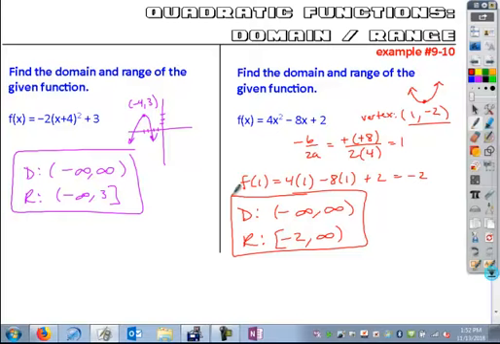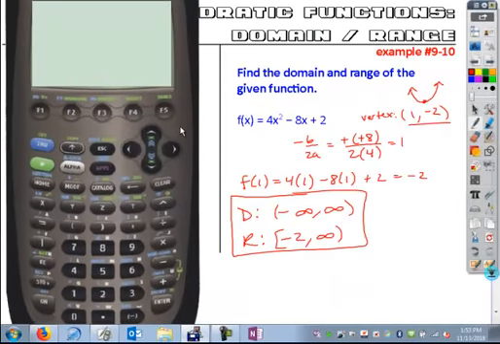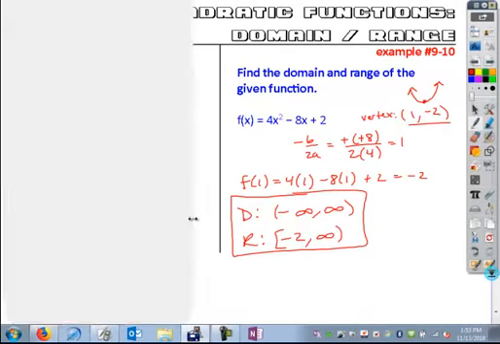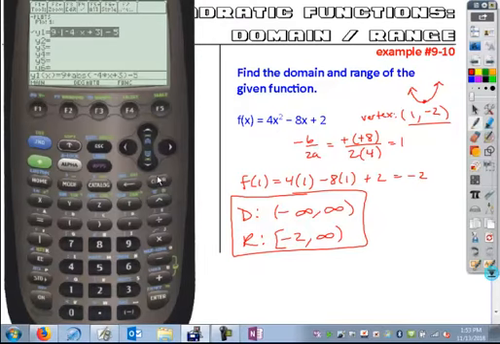All right. What I want to do is show you another method you can use to find a vertex. Right? And that's using your TI-89. And we haven't talked about using the graphing tools yet for this. So if you go into your TI-89 and you enter this function in your Y editor, hit Diamond F1, access your Y editor, and type the equation 4x squared minus 8x plus 2.